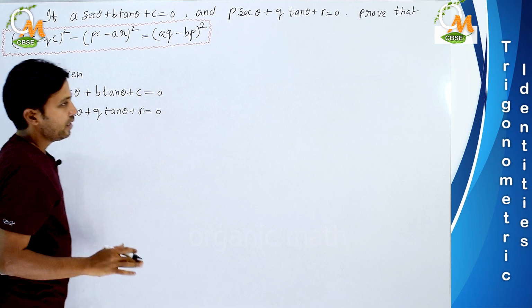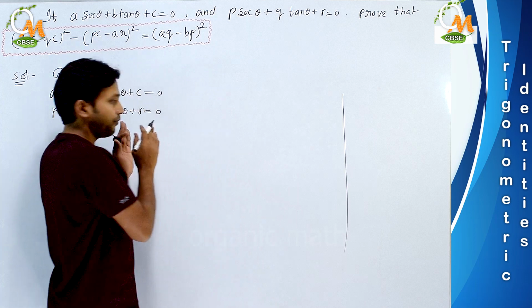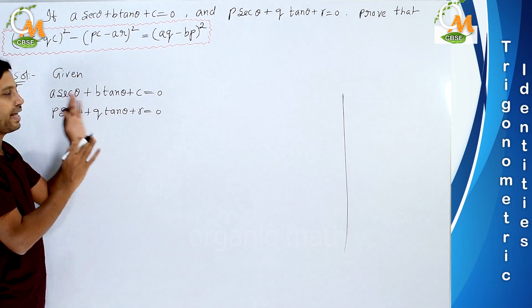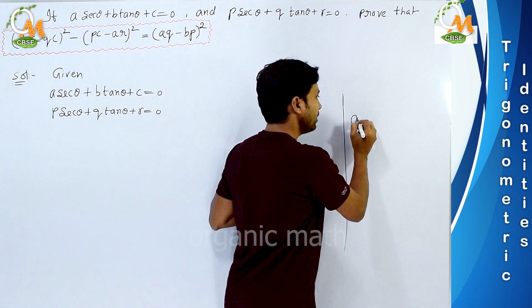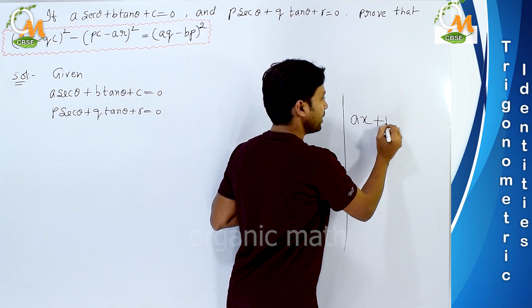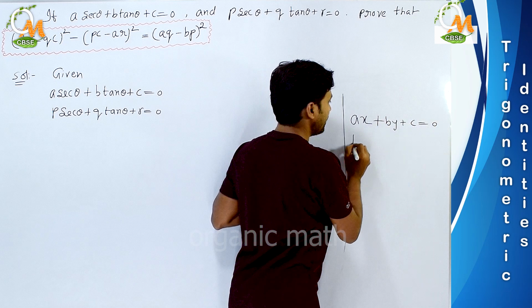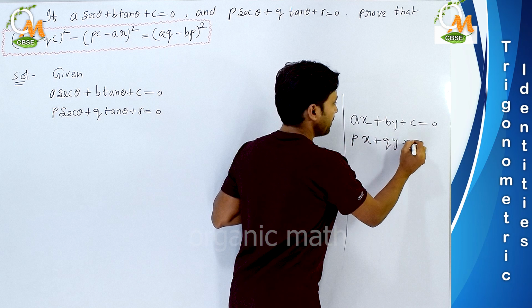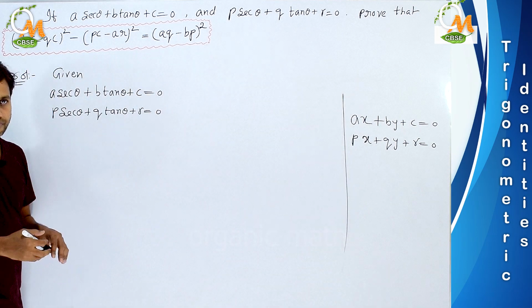Just see, I want to tell you that for a moment you feel that secant theta equal to x and tan theta equal to y. Then how can the equations be written here? ax plus by plus c equal to 0, and here px plus qy plus r equal to 0. Can we write them like this or not?